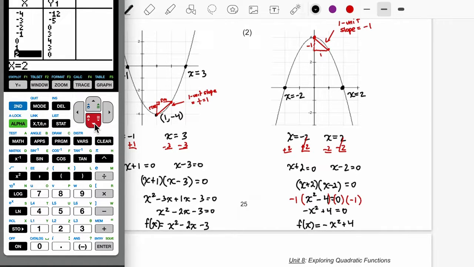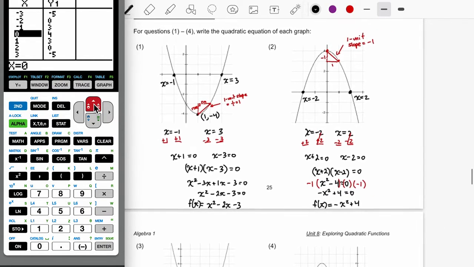I'll line it up so that there's symmetry in the y column, the y1 in this case, and just check the points. 0, 4 is my turning point, correct. 1, 3, also correct. 2, 0, yep. -1, 3, yep. -2, 0, yep. There's some other points, but those are irrelevant because they fall off the graph.